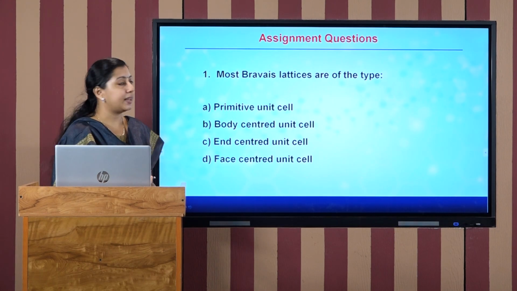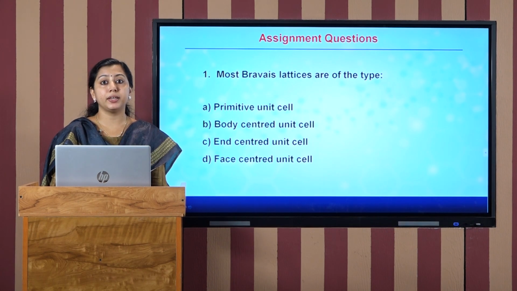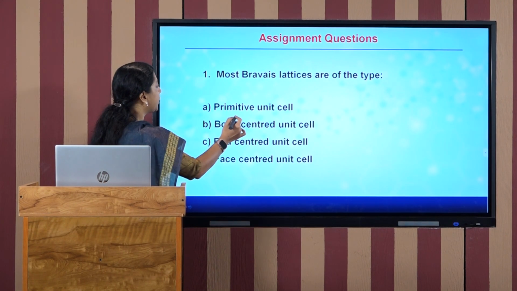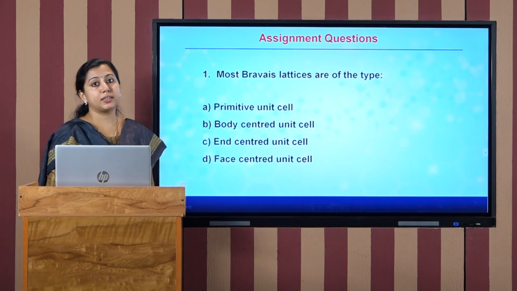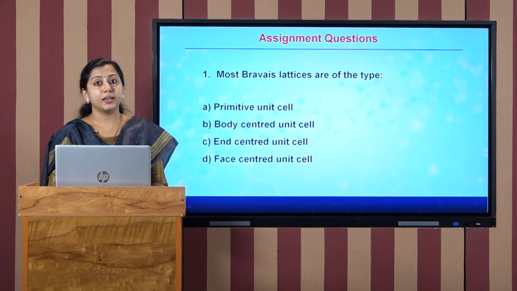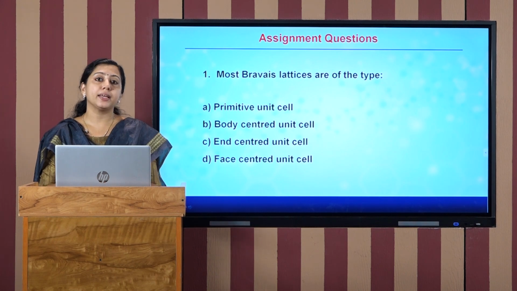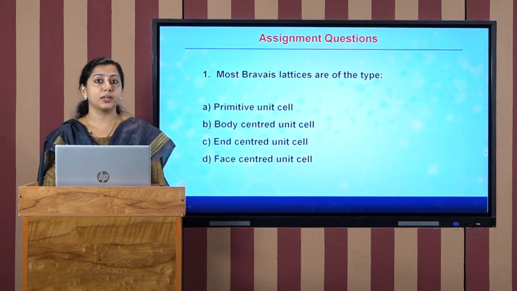So, there are 14 types of Bravais lattices, and the primitive unit cell, that is a unit cell containing atoms or the motifs only at the corners, is called a primitive unit cell. And each crystal system has a primitive unit cell.